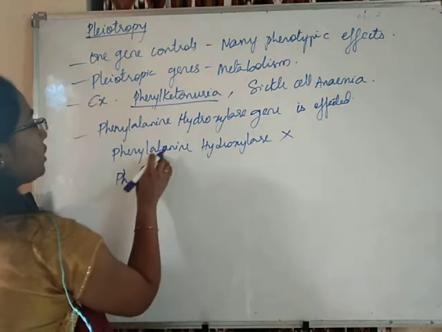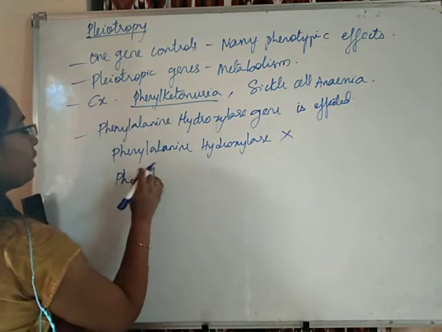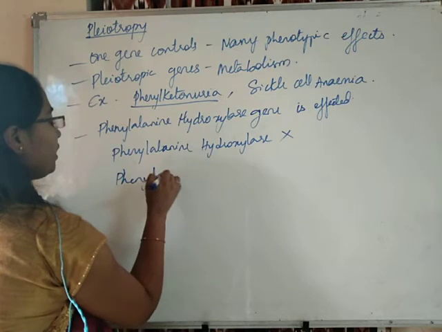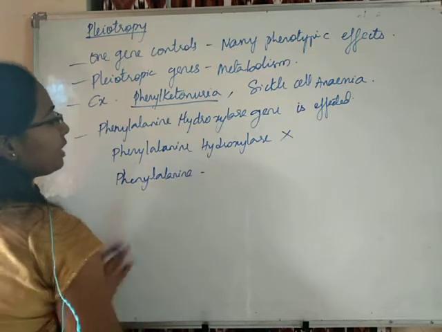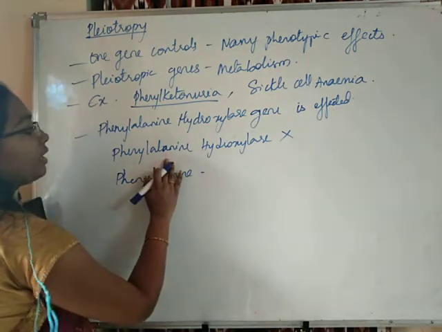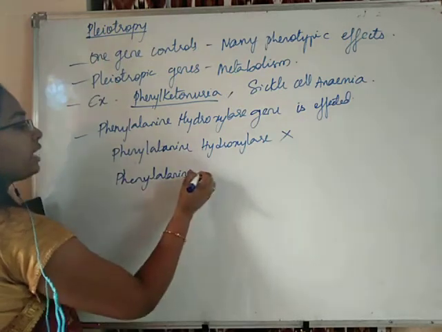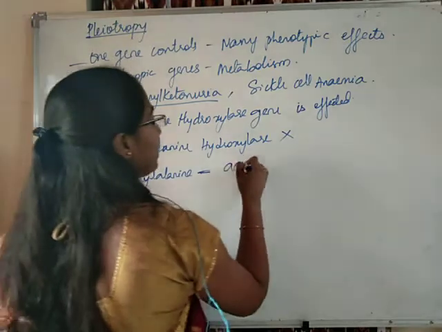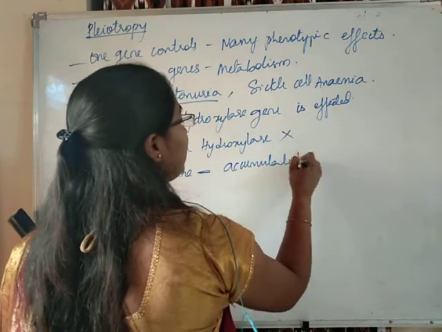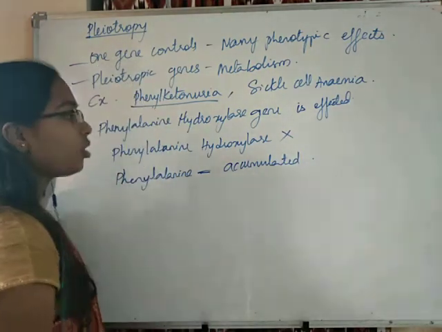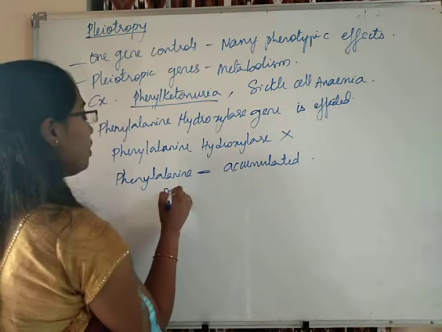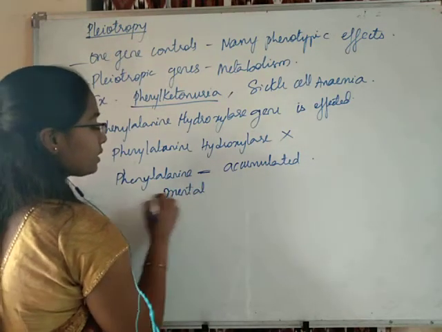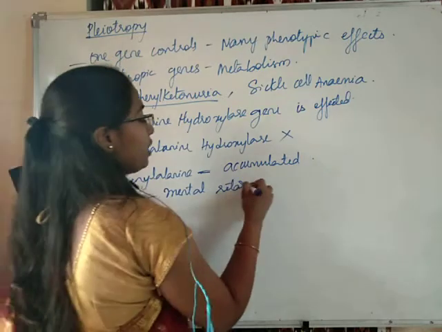Because this enzyme is absent, phenylalanine is not getting metabolized. This phenylalanine gets accumulated in the body, and it causes mental retardation.